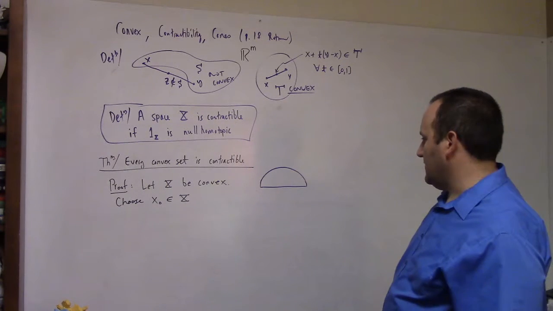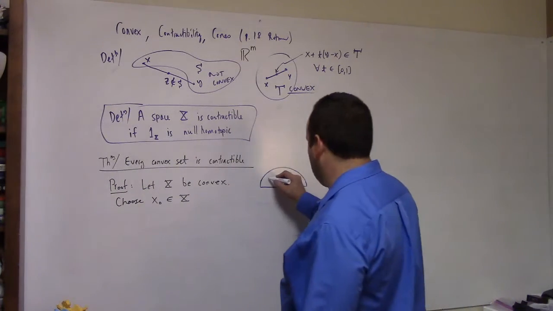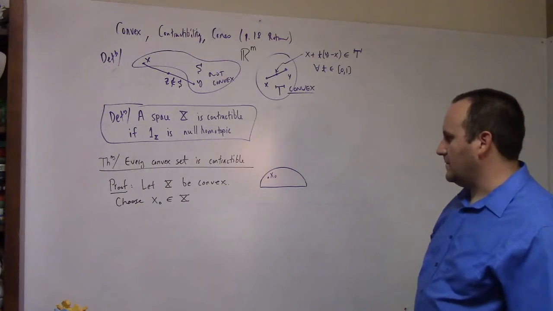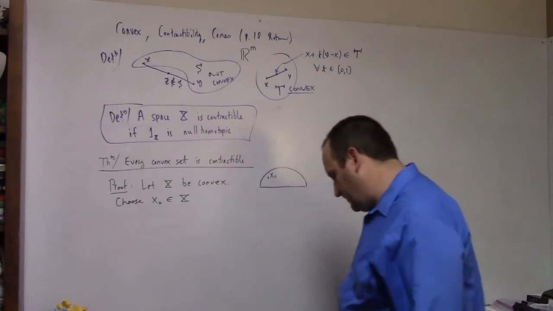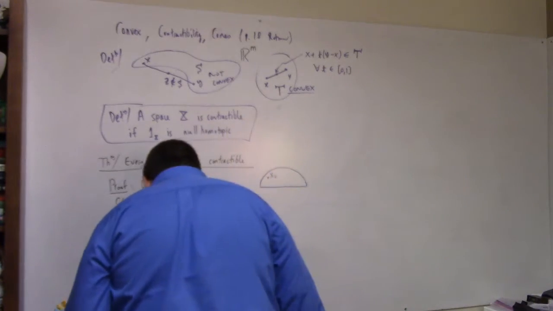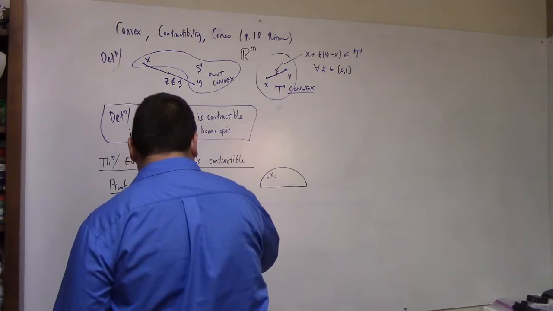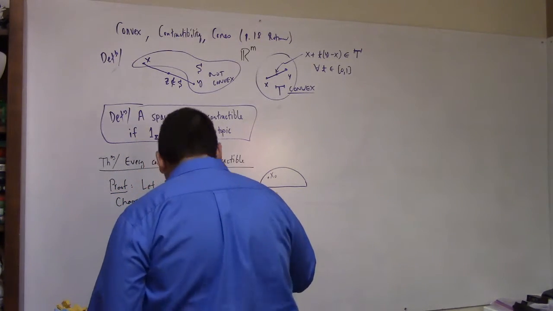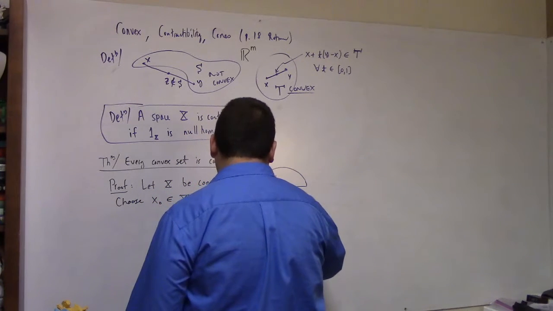Why is that not convex? It's convex. So I pick x naught. And then what's he do? He says define C of x equals x naught for all x in X.